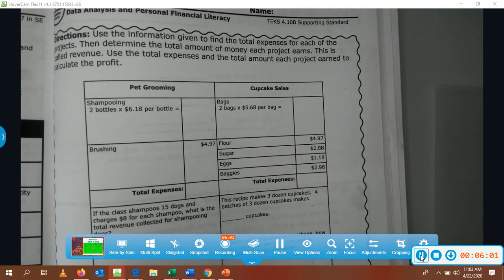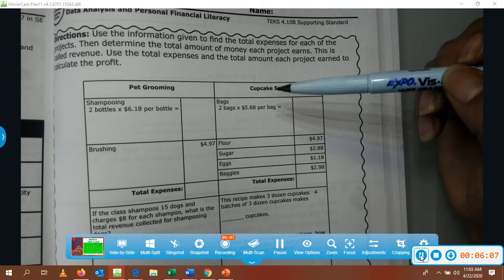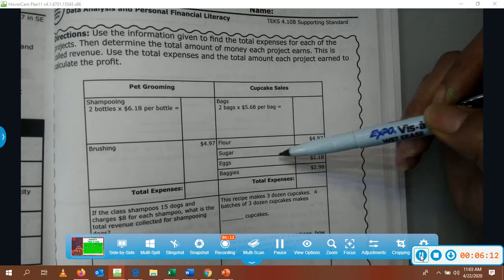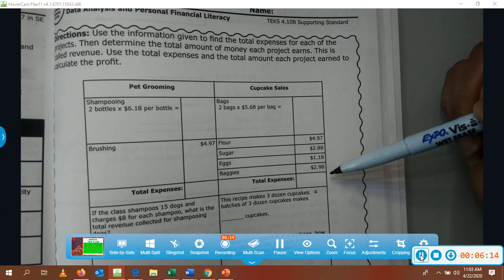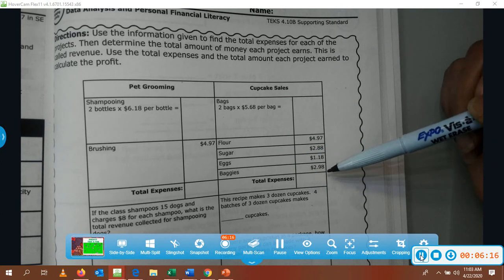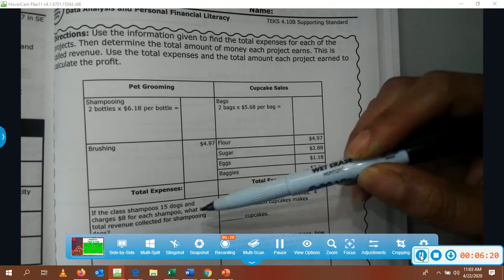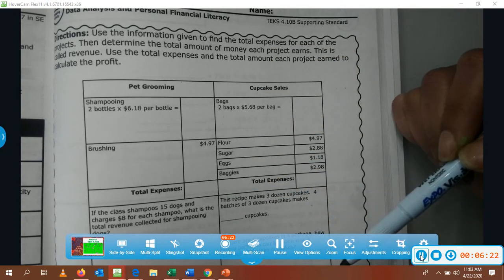Then on the cupcake side, you have 2 bags times $5.68 per bag. You have flour, sugar, eggs, baggies, things that you're going to put the cupcakes in. And then you have your total expenses. Once you get all of that, then you may begin to answer the questions below.